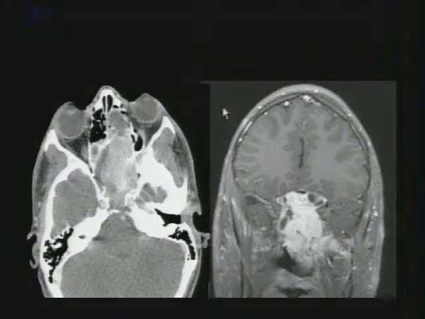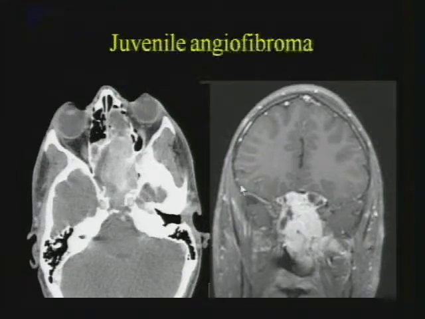So moving farther down the airways, you can see there's a large mass which is eroding some of the bone on the CT scan, and here on the MR you can see a large enhancing mass originating in the nose or nasopharynx, causing nasal obstruction. This turned out to be a juvenile angiofibroma, very vascular, generally would require some embolization prior to resection.